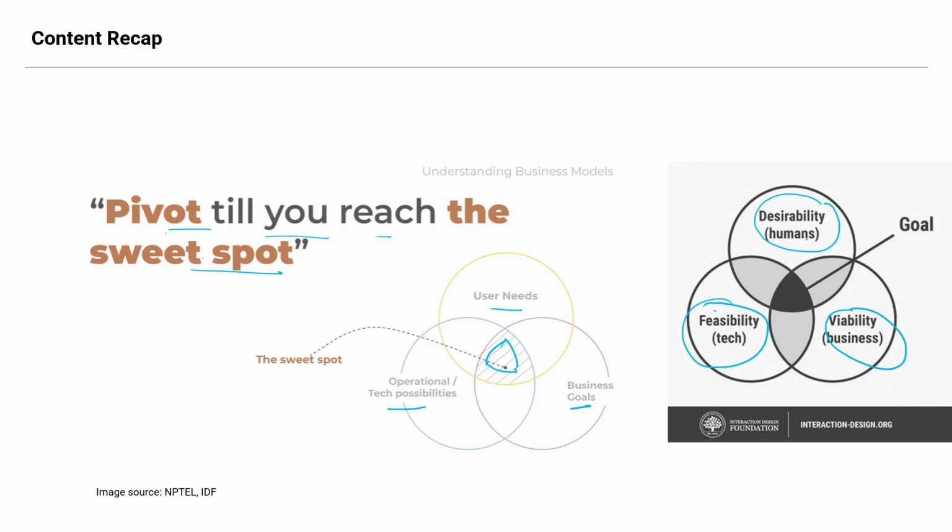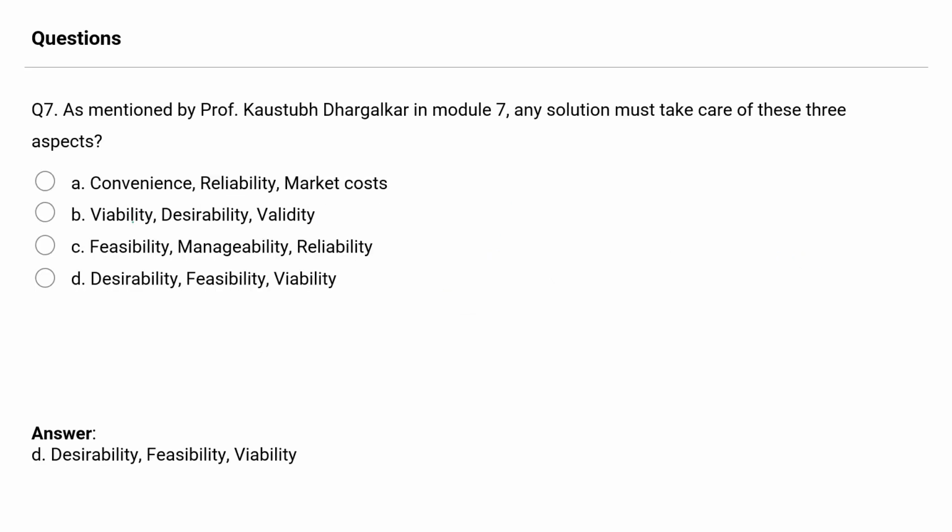So desirability comes in terms of humans, whether they desire it or not. Viability from the business point of view, and feasibility from a tech point of view. Okay. So this is the sweet spot right at the middle. All right. So the correct answer is D, which is desirability, feasibility, and viability.